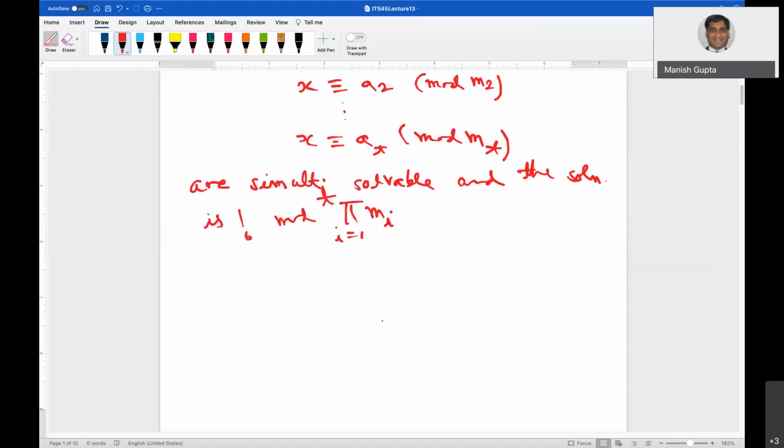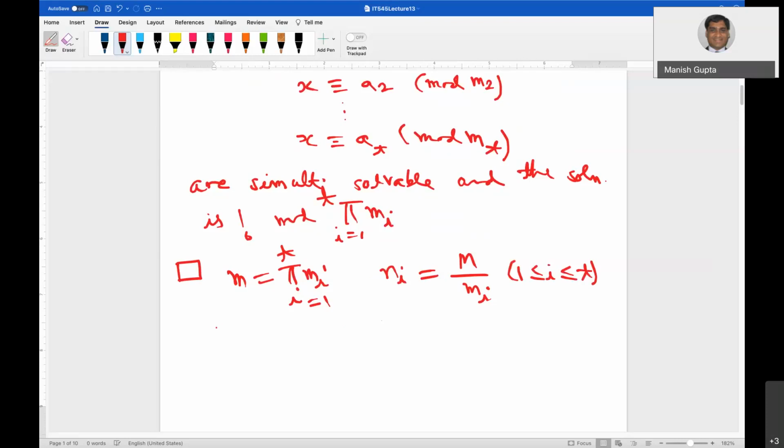So I think there is a constructive proof. I just briefly mention it. Suppose small m is the product of mi's, from i equal to 1 to t, and suppose ni is equal to m divided by mi, for 1 less than or equal to i less than or equal to t.